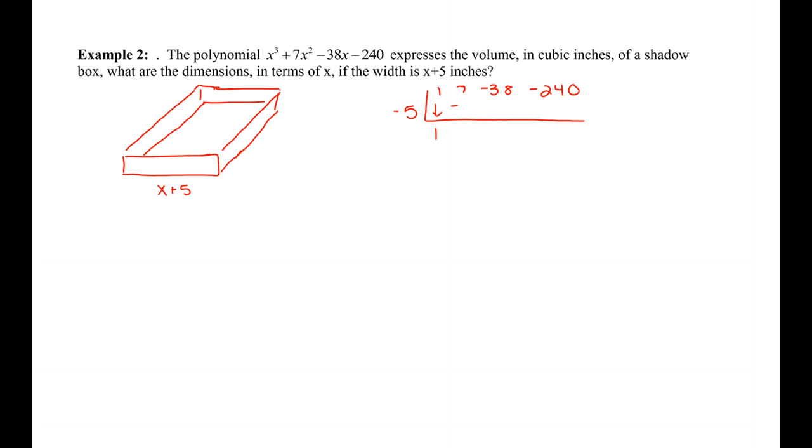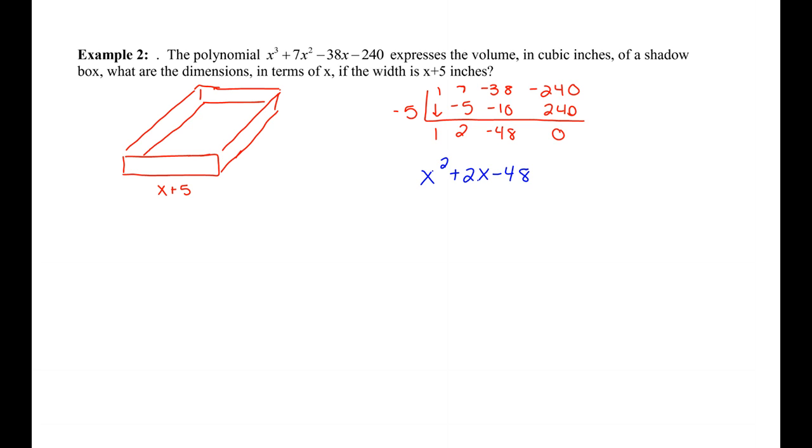So if we go through our whole process of synthetic division, we'll get a new polynomial, and that polynomial would be x squared plus 2x minus 48, because we start our remaining polynomial 1 degree less than the original. So since the original was x cubed, when we use our bottom line here to write the coefficients, we start with x squared.